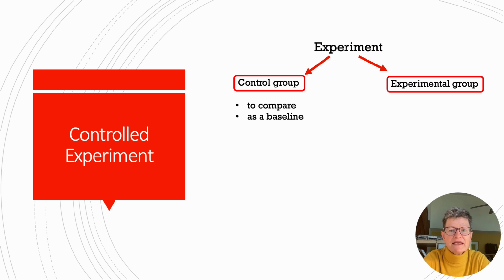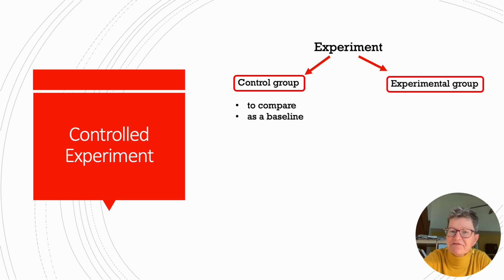By comparing the growth of the plants in the control group to the experimental group, we can isolate the effect of the fertilizer. Any observed difference in the growth can then be attributed to the fertilizer with greater confidence, not just simply random chance or variation in watering or sunlight.